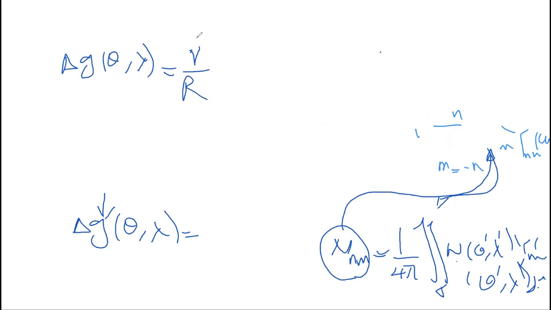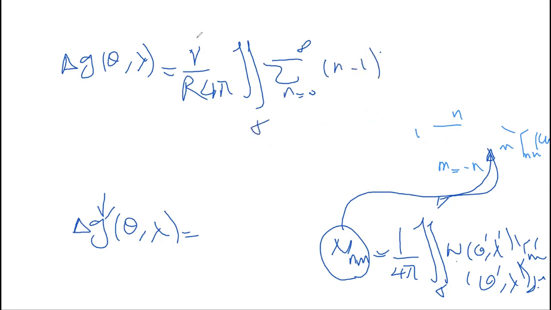We have a 4 pi here, and it comes here, integral over the sphere, and it will be (n minus 1), N at theta prime, lambda prime, Y_nm of theta, lambda, Y_nm of theta prime, lambda prime.